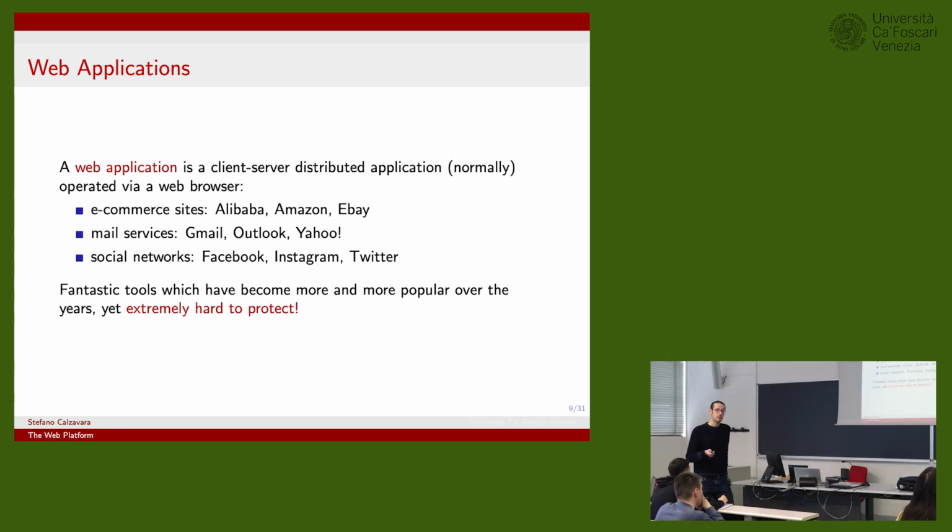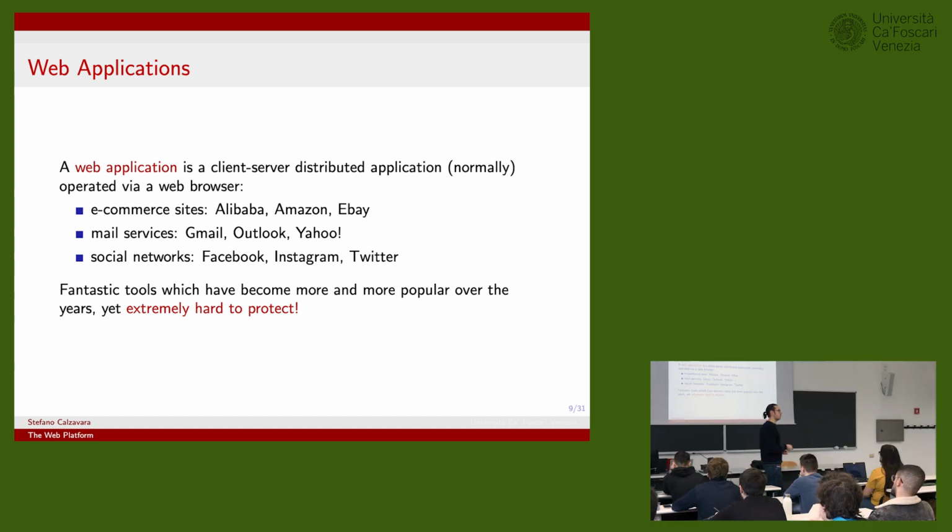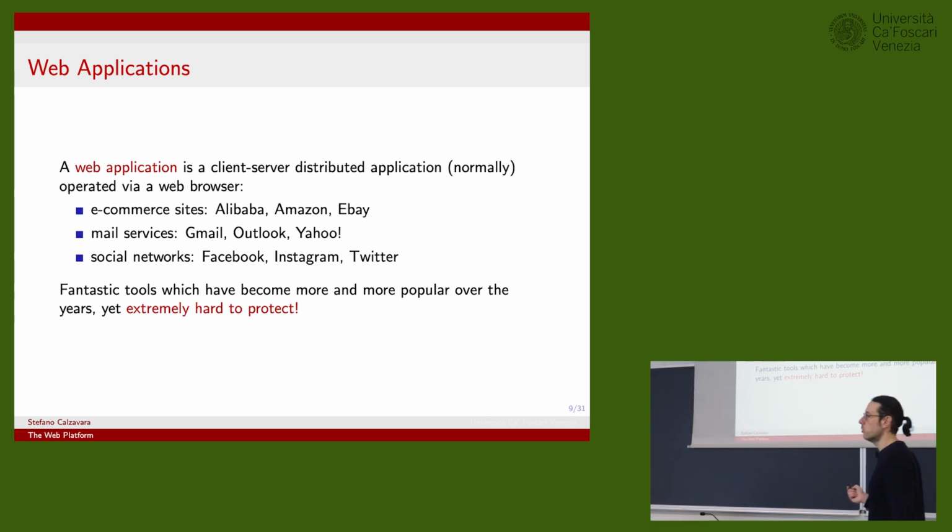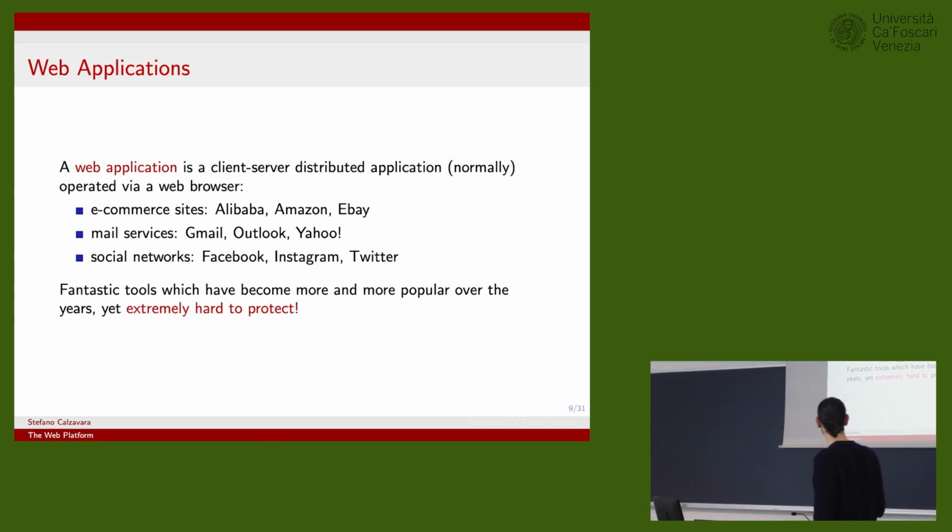For sure, you all have mail accounts. Back in the days, mail accounts used to be operated using a mail client like Thunderbird. They're still around, but nowadays, most people access their email using web applications, such as the Gmail web application, but Outlook and Yahoo also have similar services.